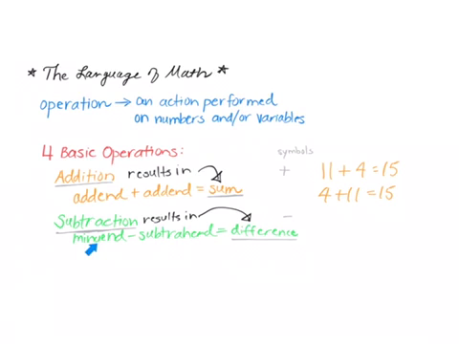The number we're subtracting from is called the minuend, and the amount that we're subtracting from the minuend is the subtrahend. So in other words, 7 minus 4 is 3. In this example, 7 is the minuend, 4 is the subtrahend, and 3 is the difference.